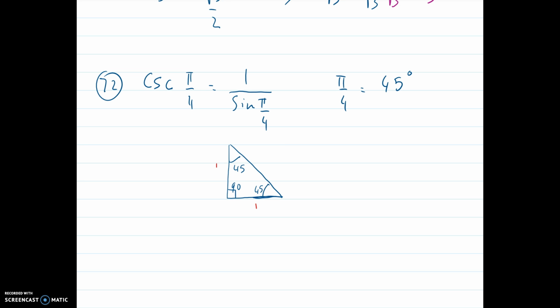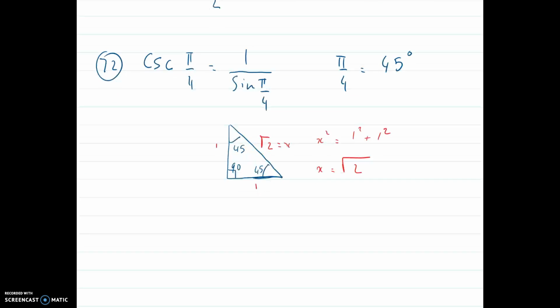Using my Pythagorean theorem, I end up with this side equals square root of 2. Why? Because x squared equals 1 square plus 1 square. Therefore x equals the square root of 2.